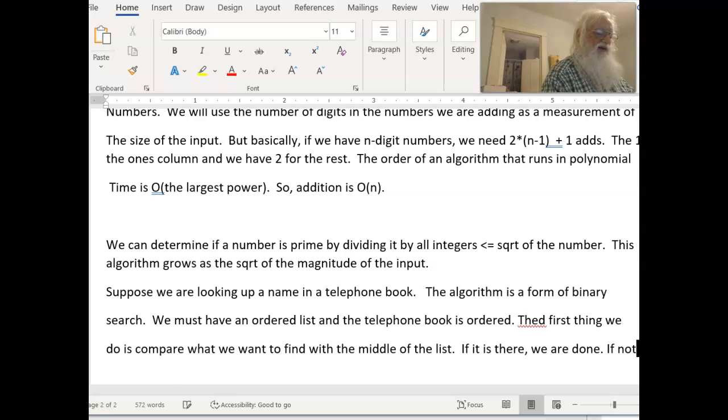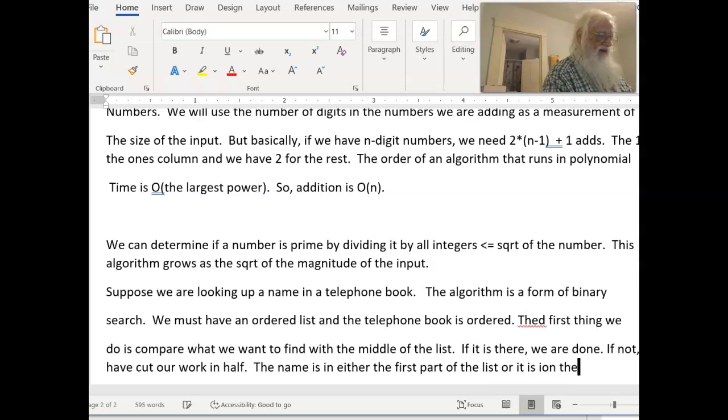If not, we have cut our work in half. Either the name is in the first part of the list, or it is in the second part.